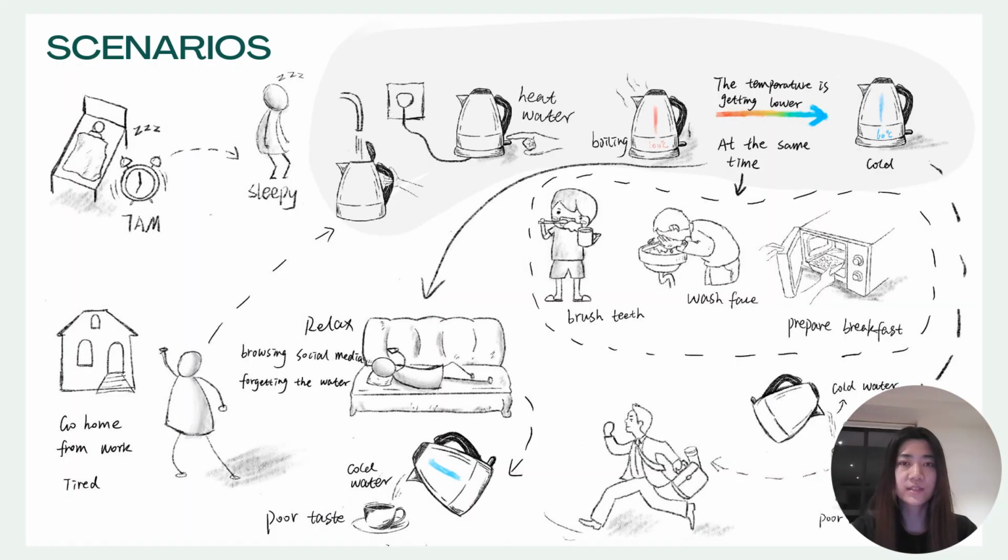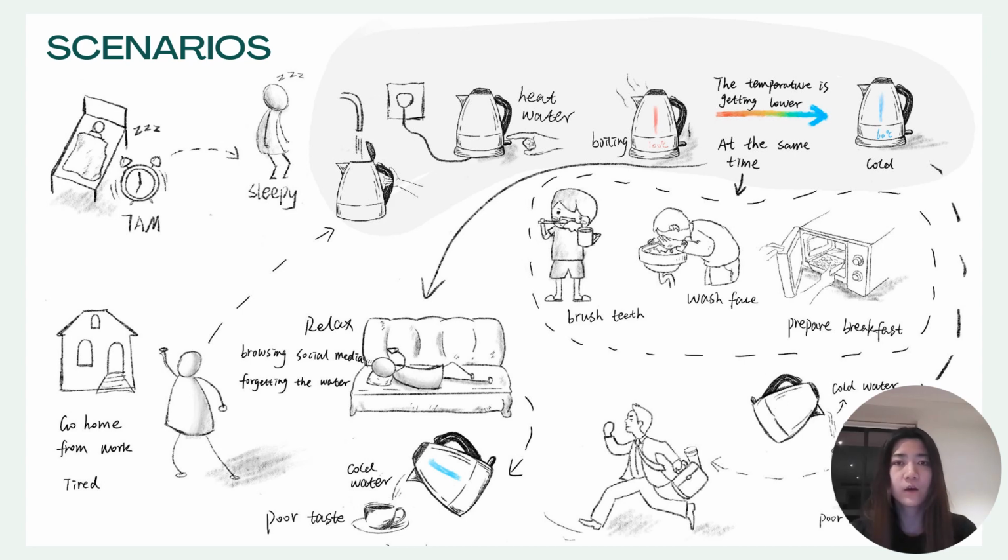Now let's move to scenarios. We can see that the user wants to make a cup of tea on a weekday morning to start his day. The user wakes up, receives the water, presses the kettle switch to start boiling, and while the kettle is boiling, brushes his teeth, washes his face, and prepares his breakfast.